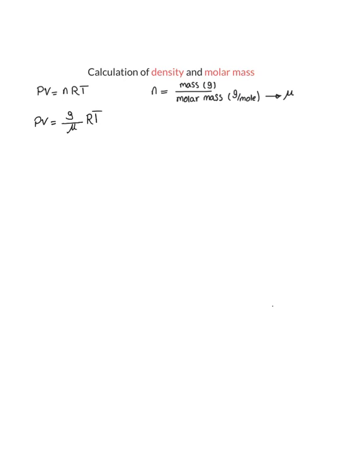And if I rearrange the formula to calculate mu, the molar mass, I have mu equals gram RT over PV. So you can see molar mass can be calculated by using the ideal gas formula.